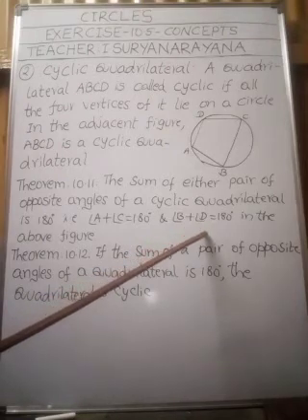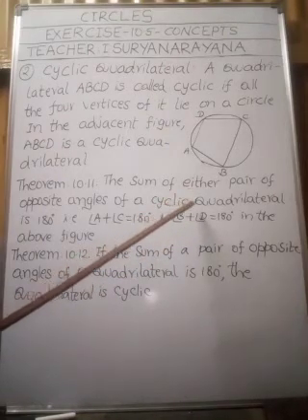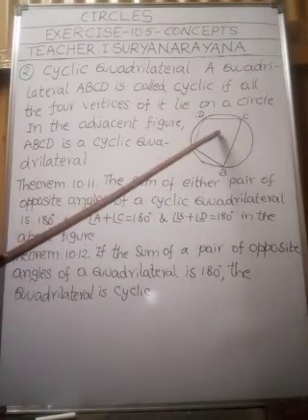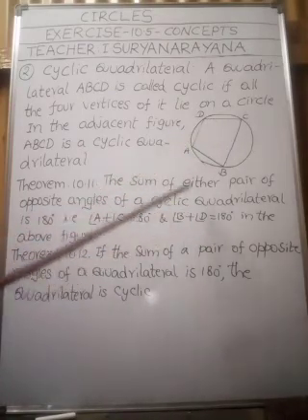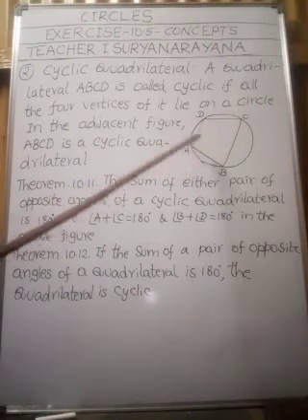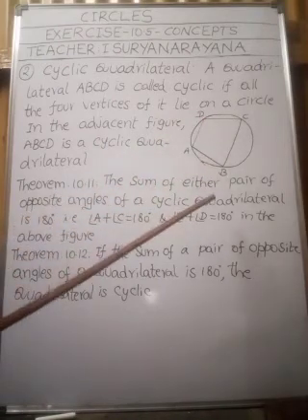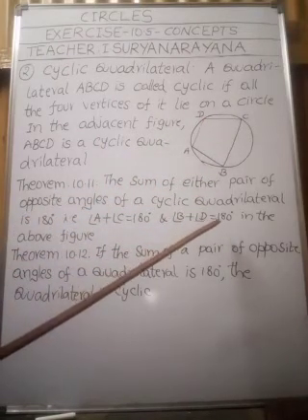That is why in this figure, angle A plus angle C is 180 degrees, and angle B plus angle D is 180 degrees. Okay, my children, understood this point?